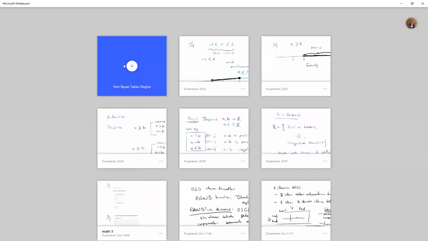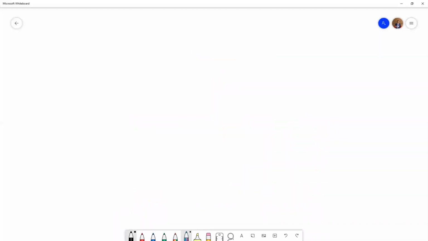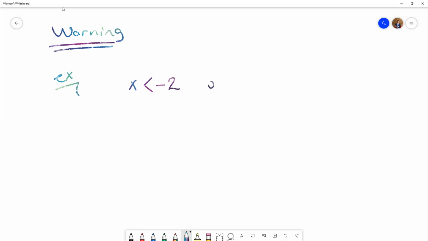I have a warning here. What's that? Let's give an example for this one. x is smaller than -2, or x is bigger than or equal to 5.